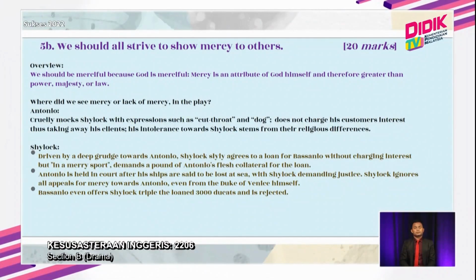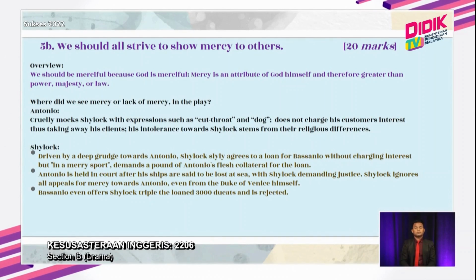Mercy, forgiveness, kindness, tolerance, all good values that we should show upon our human brethren, meaning all other human beings are our brothers on earth. But you find after reading the play that it does not happen with Shylock, with Antonio's cruel treatment towards him.